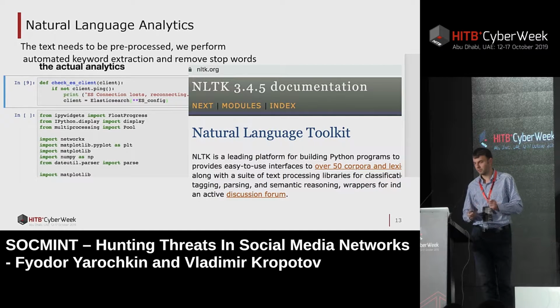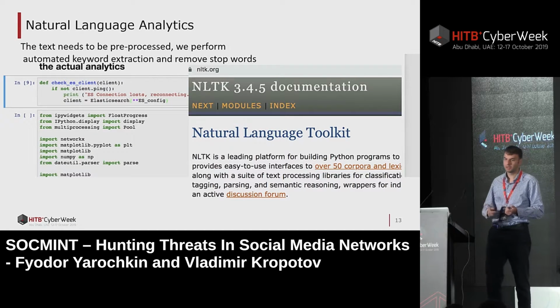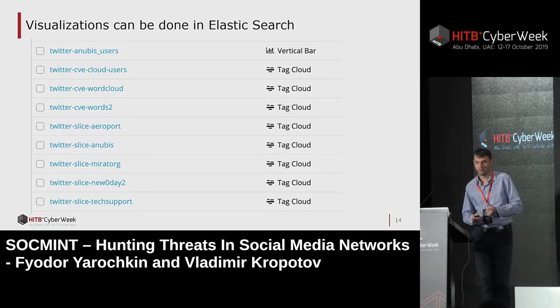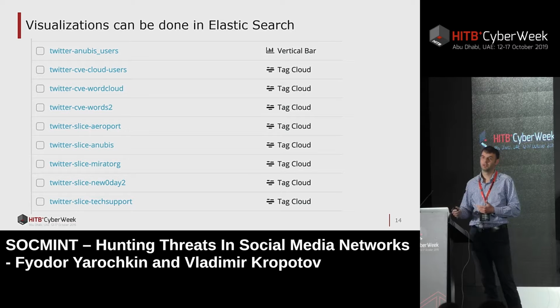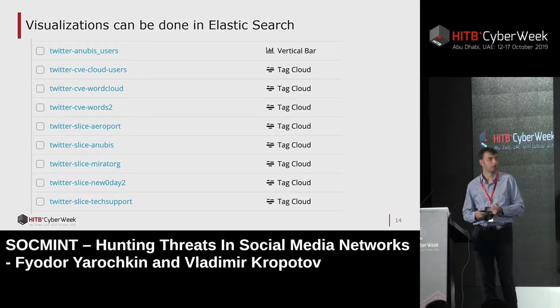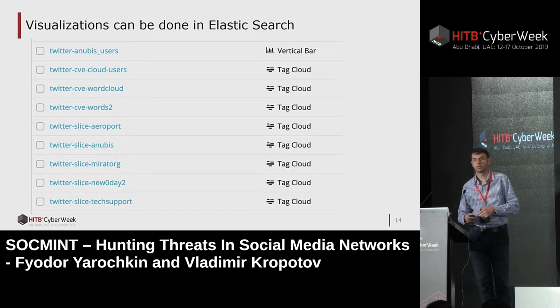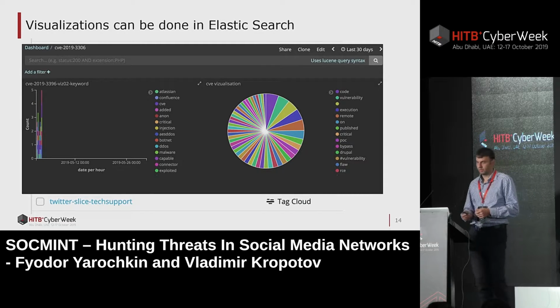So it's necessary to do some kind of analysis to enrich the data set, or you can combine data from Twitter with data from our other sources, like threat intelligence platforms, to get more information. Many of the visualizations were done in Elasticsearch using word clouds, and some using Python libraries in Python notebook.